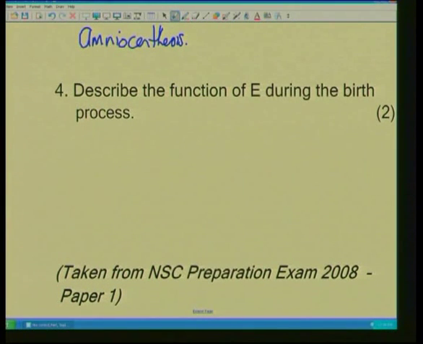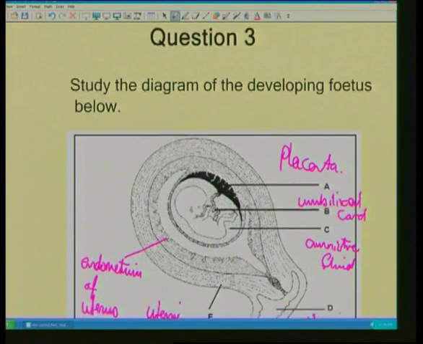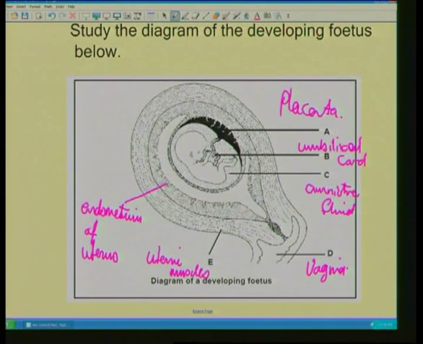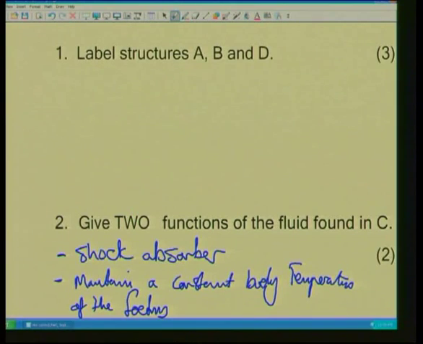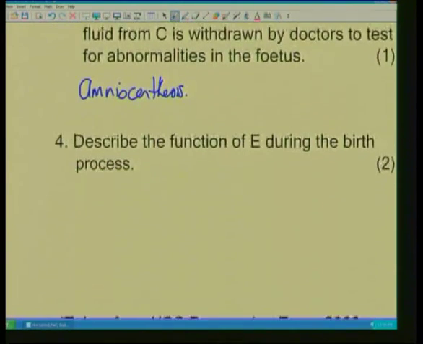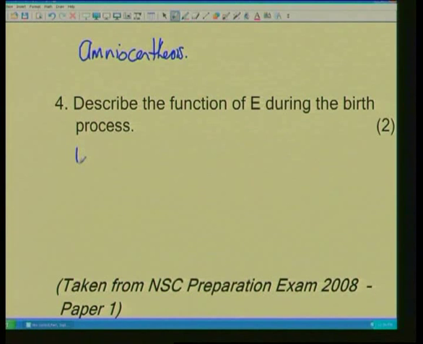Okay, describe the function of E during the birth process. Now, I can't remember what E was, so let's have a look. Ah, the uterine muscles. So come on, what do those uterine muscles do? They are going to contract. And why will they contract?